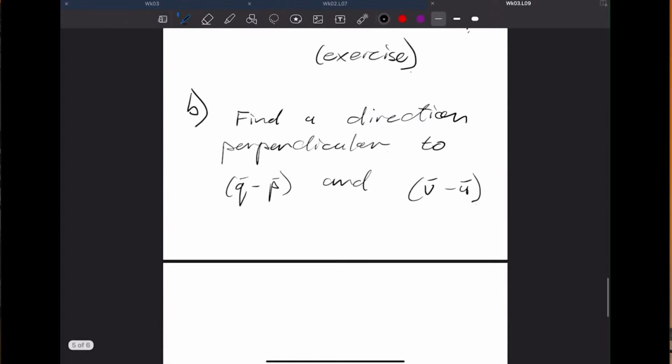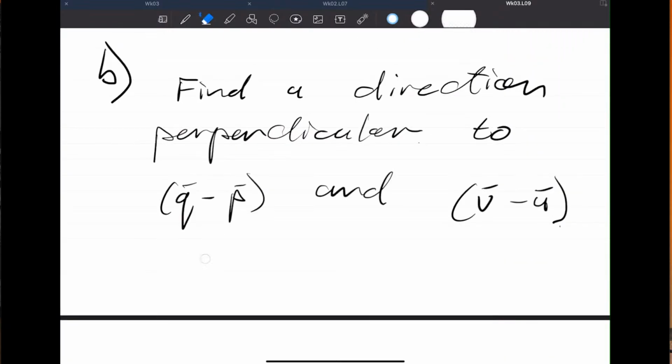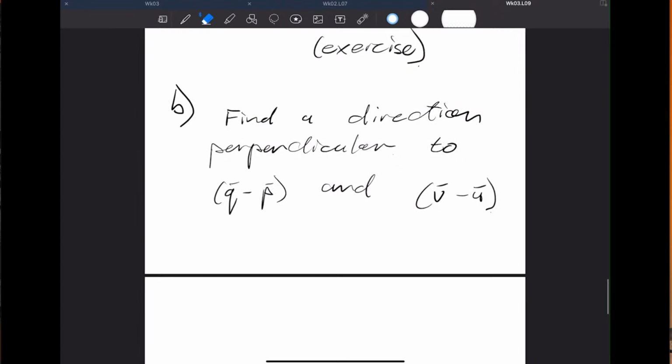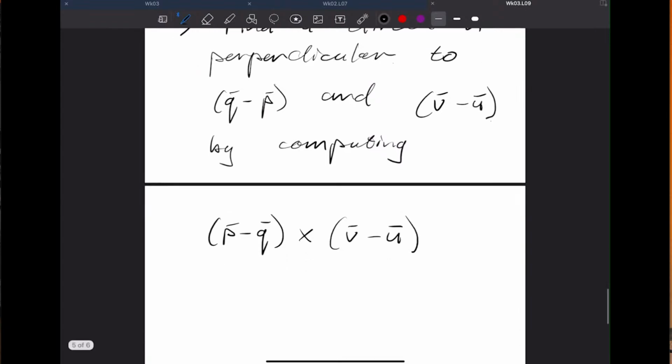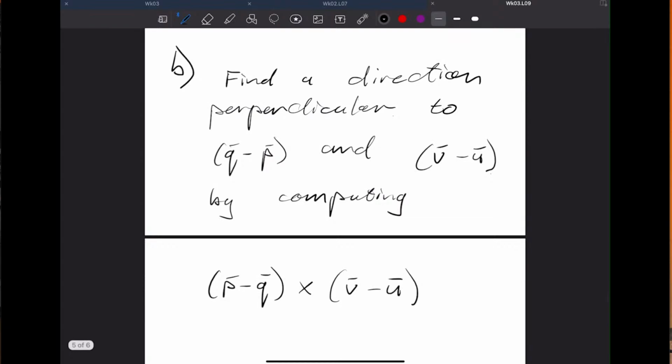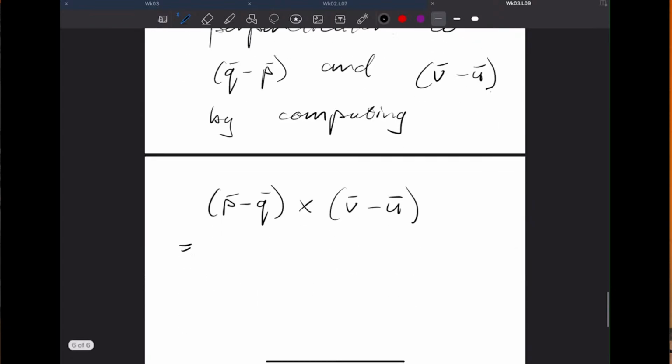And how do we find a direction that is perpendicular? We find a direction perpendicular to these two vectors by computing the cross product of these two vectors. So by computing P minus Q cross with V minus U.